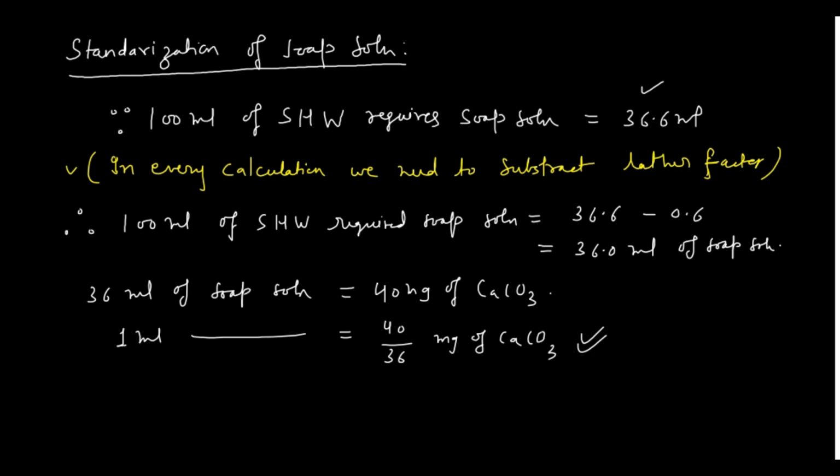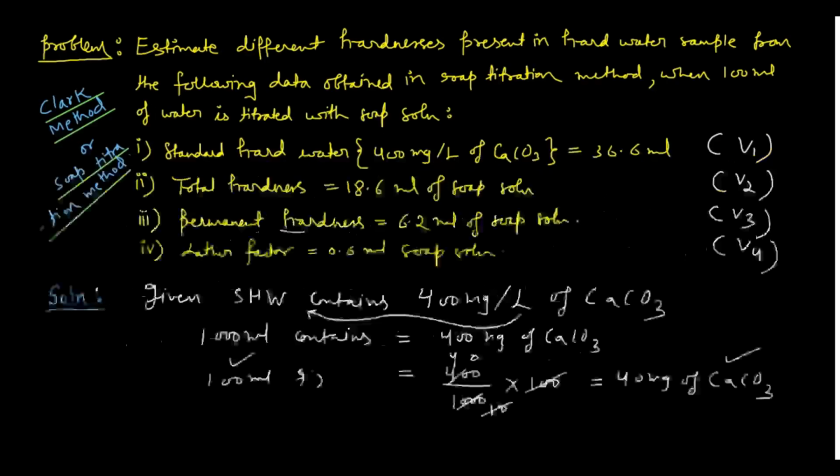Now I am moving further, and if you go back, what you can see here, for the total hardness, that means your sample water for which you are going to estimate the water hardness, right, total hardness. 100 ml of this sample water requires 18.6 ml of the soap solution.